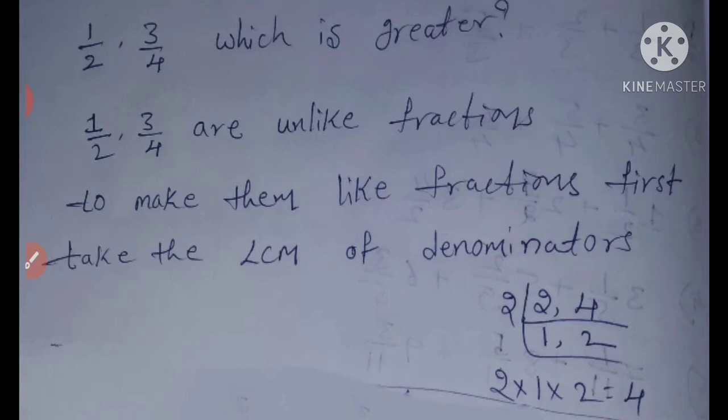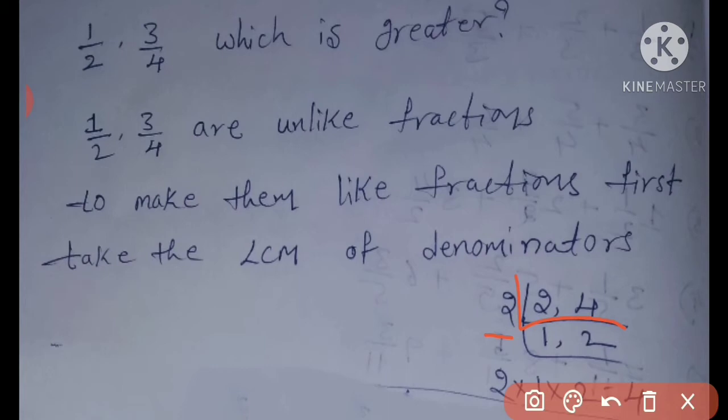So the denominators are 2 and 4. Write 2 and 4 in a box like this, and you have to take the first prime number. What is the first prime number? 2.